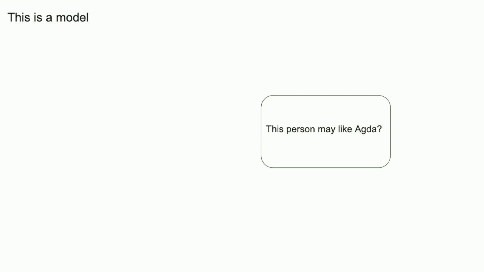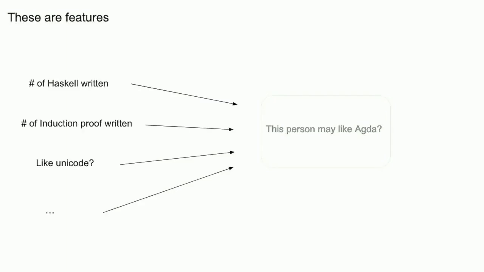You need inputs for the model, so you come up with some data, like the lines of Haskell programs this person has written, or the number of induction proofs, or maybe if this person fancies Unicode because it doesn't exist in Haskell. Anyways, these are the inputs to this model, and we call them features. That's a fancy way of saying inputs to models.